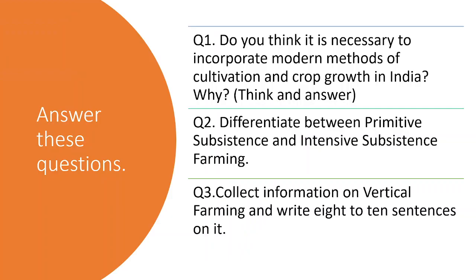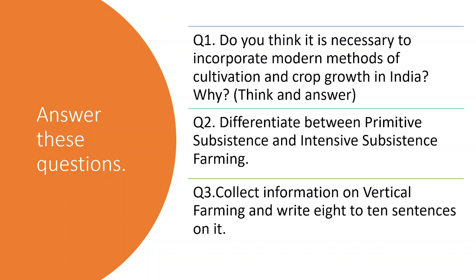Now let's think and answer these few questions. Do you think it is necessary to incorporate modern methods of cultivation and crop growth in India? Why do you think so? Think and answer. Well, let me just give you a hint. We are one of the most populous countries in the world. This could be one of the reasons. Differentiate between primitive subsistence and intensive subsistence farming.